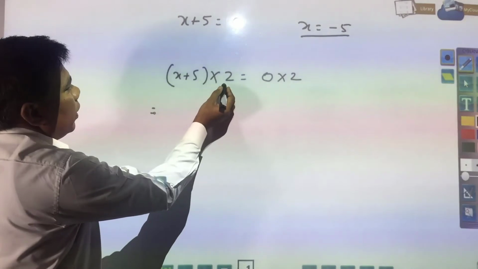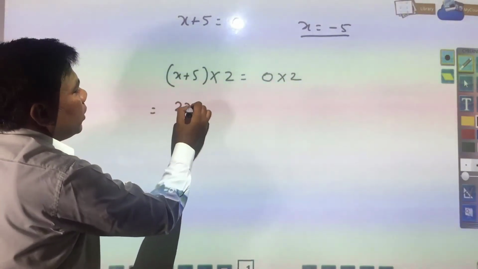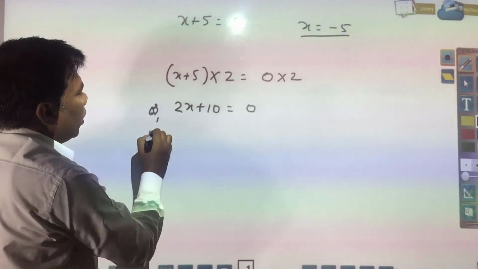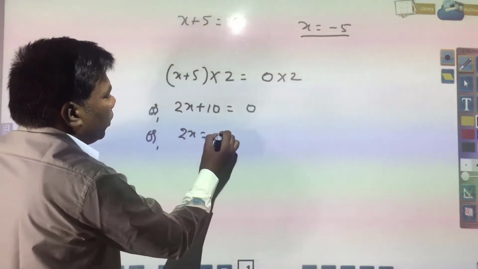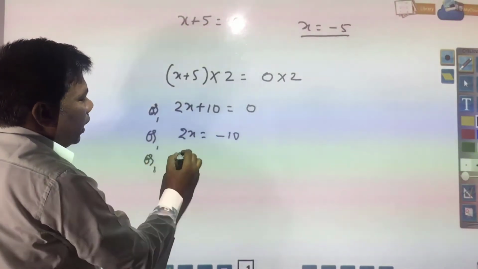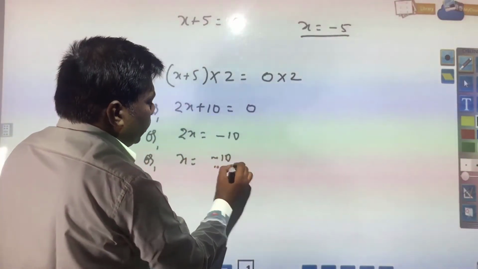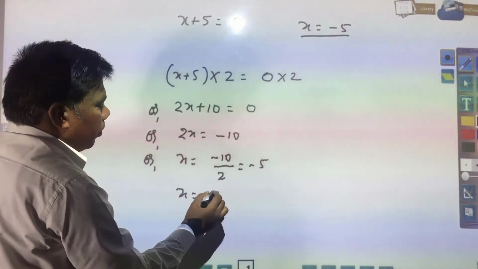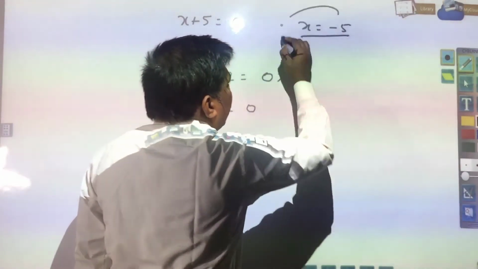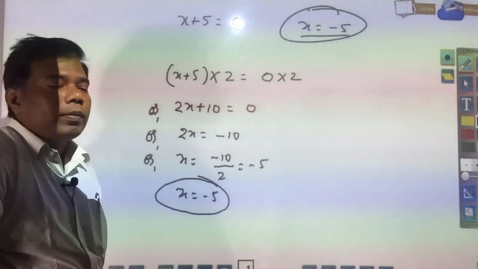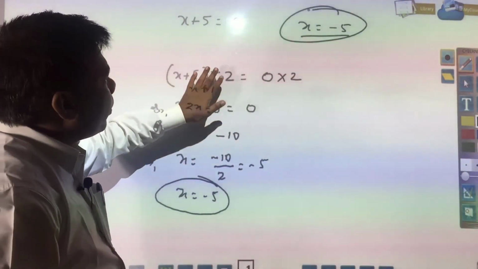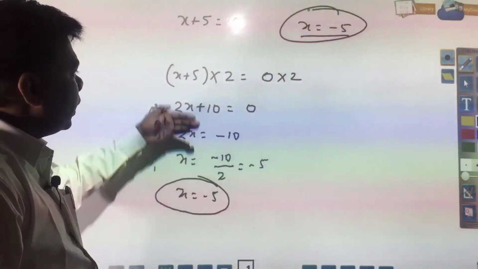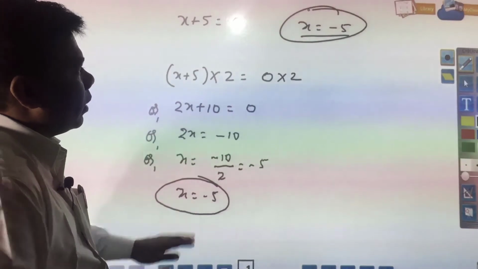Here we will get 2x plus 10 is equal to 0, or 2x is equal to minus 10, or x will be what? Minus 10 by 2, it means minus 5. So, x is equal to minus 5. Initially what we had? x is equal to minus 5. So, when we multiplied by 2 both sides, it is not being affected, the same value is coming.